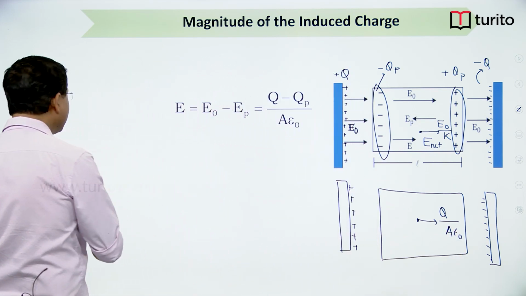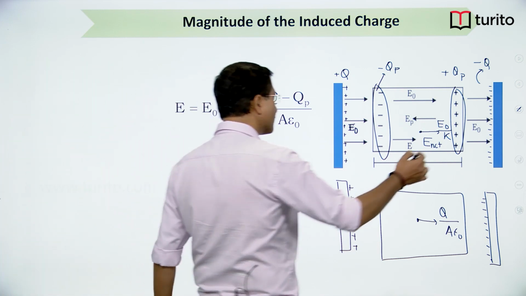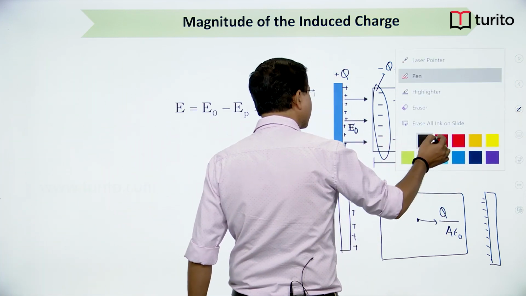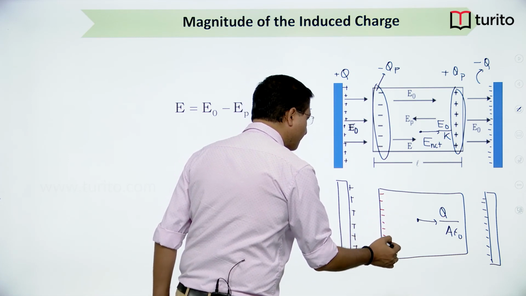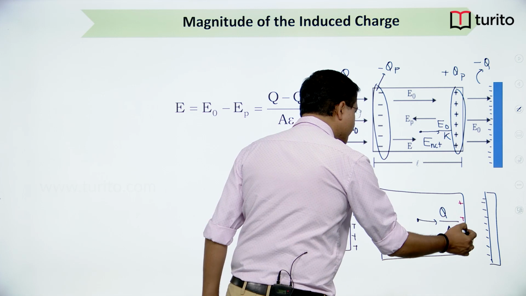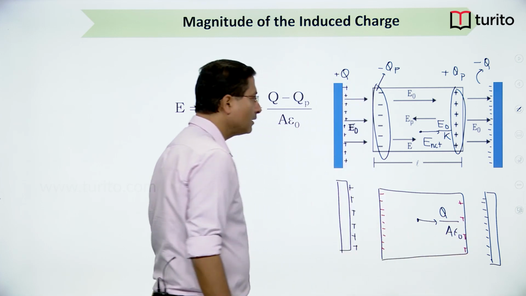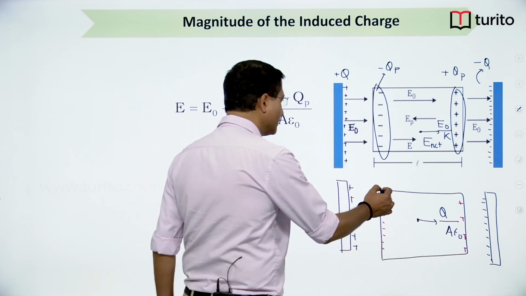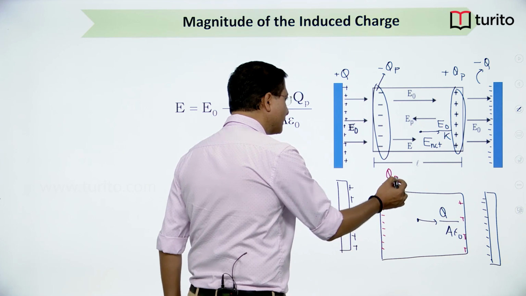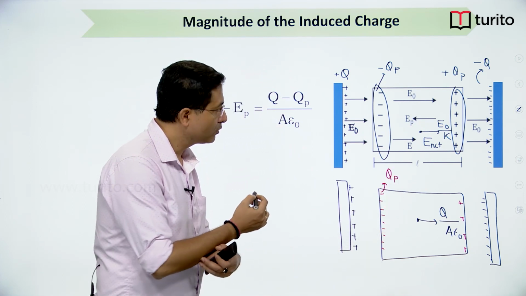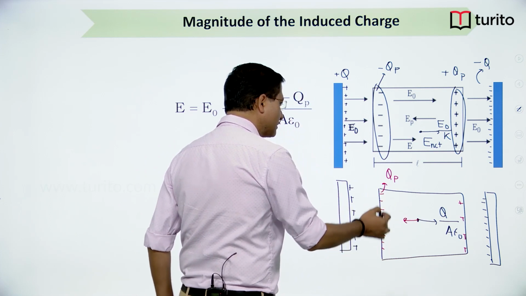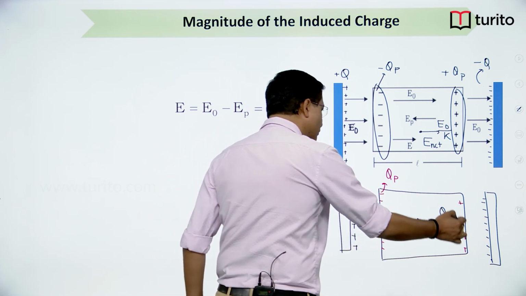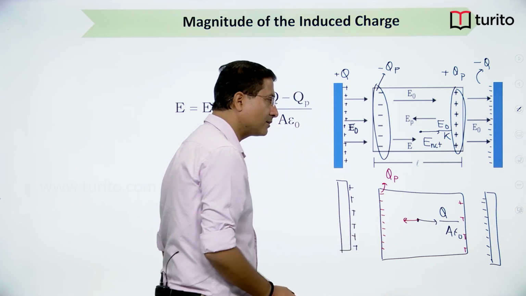And now the field due to the charge appearing on the surface of the dielectric. So, the dielectric I am drawing this way. Here the charge is Qp, the charge appearing due to polarization, right. So, this negative charge will have a field in this direction, and this positive charge will also have a field in this direction.